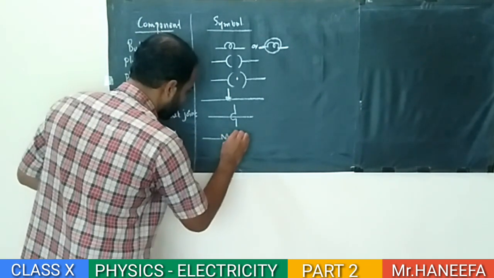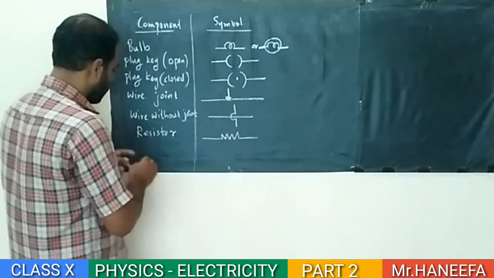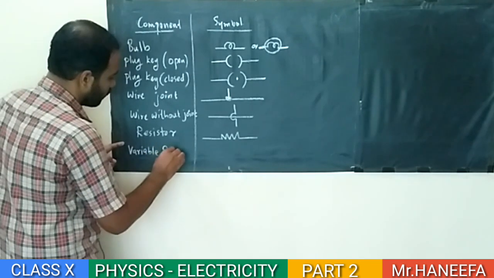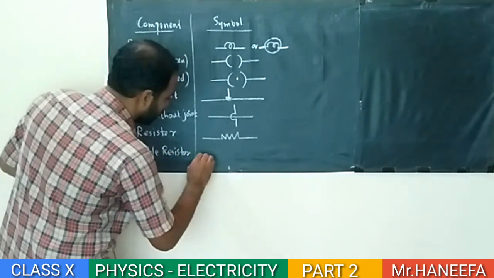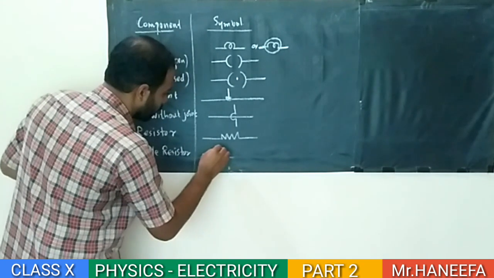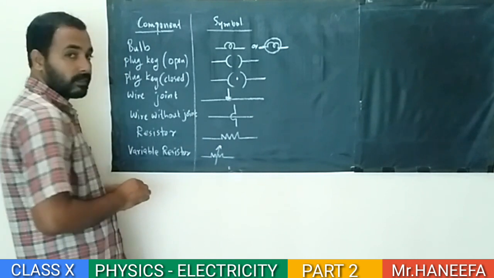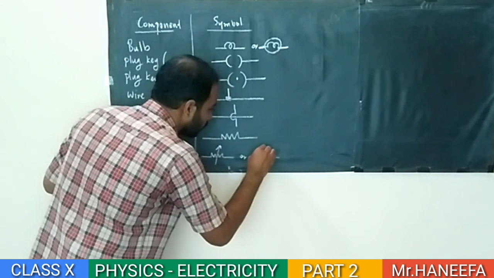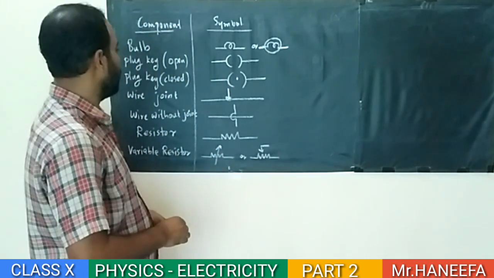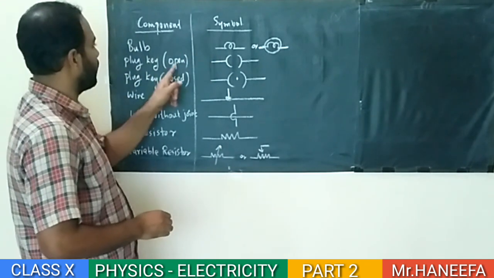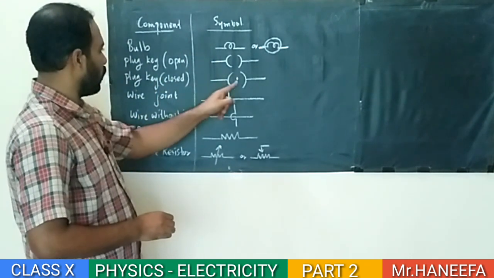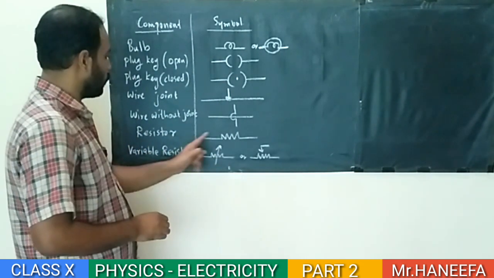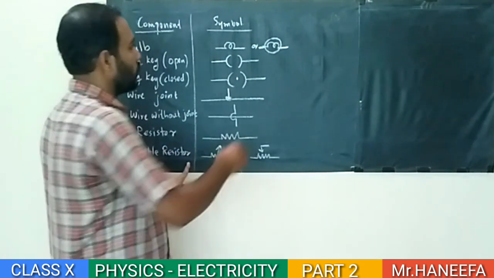The symbol is resistor. Another one, variable resistor, with an arrow mark. So bulb, plug key, switch open, switch closed, wire joined, wire without joined, resistor, variable resistor.